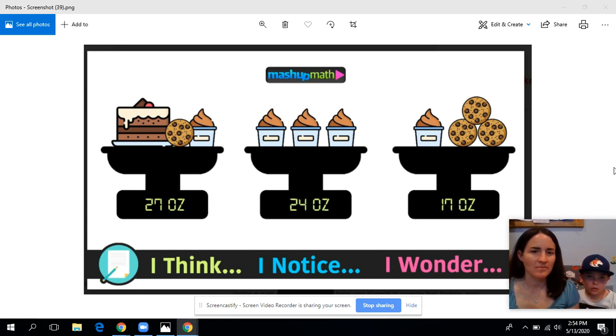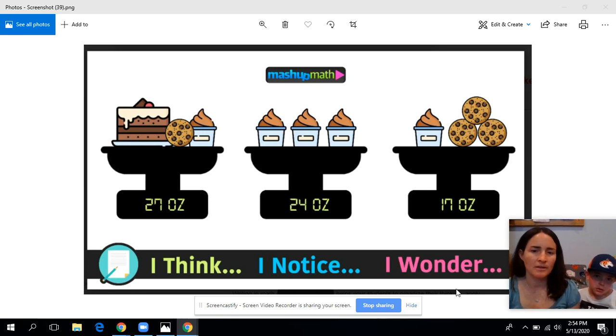I also noticed that there's only one cake in the picture. Okay, only one cake on the balance. I noticed that this is a picture of balances, and it's showing the different weights of each set of items here. What else do you notice?